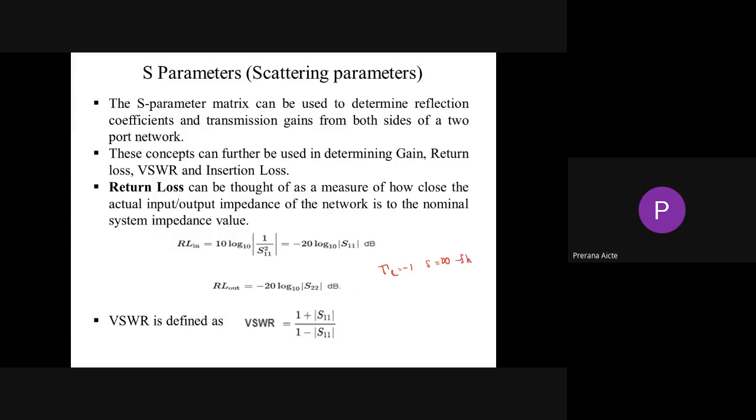If the stub transmission line is open circuit, then the reflection coefficient is 1 and SWR is equal to infinity. And for the matched line, the reflection coefficient is 0 and SWR is equal to 1.